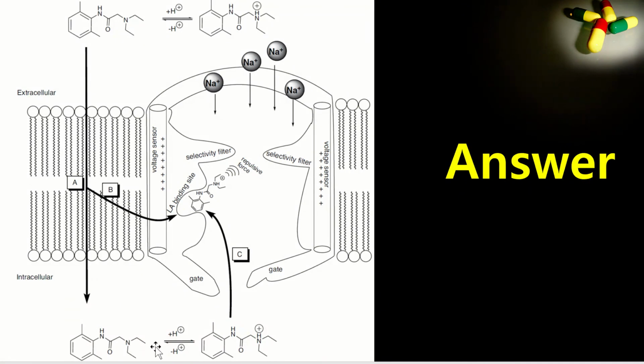So that's one pathway. And then it is protonated within the neuron, and then it enters the binding site here, and therefore it blocks the entry of sodium, and therefore carries out its activity to block pain. And as we said at the onset, it is a conduction block, right?